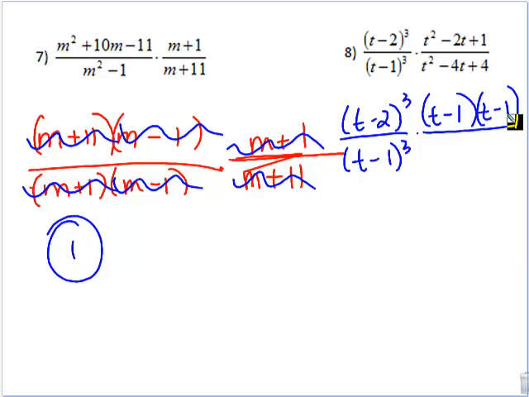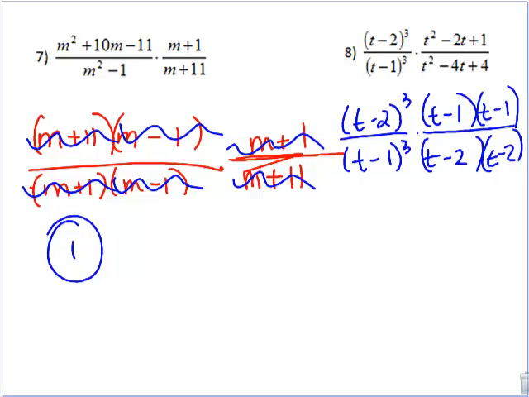First terms have to be t. Your last terms have to be 1. The outside and the inside here would certainly give us a minus 2t. Okay, how about t squared minus 4t plus 4? T and t, yeah. Minus 2, minus 2. Okay, so now take a look.